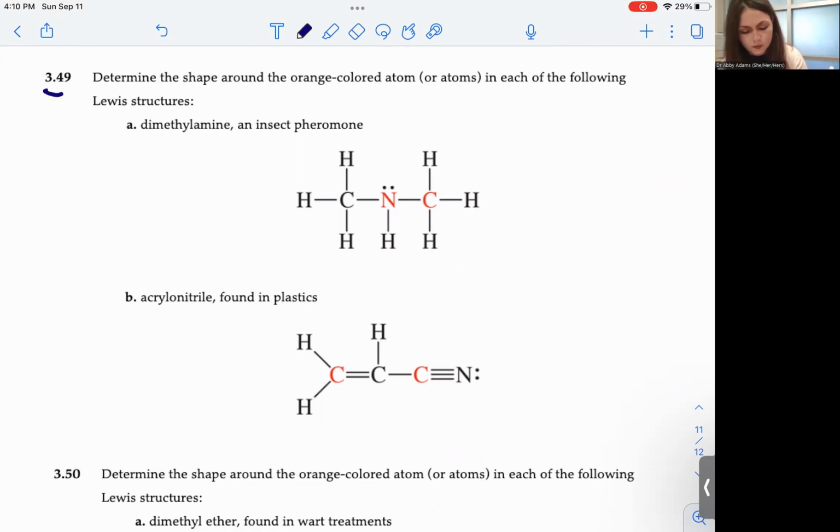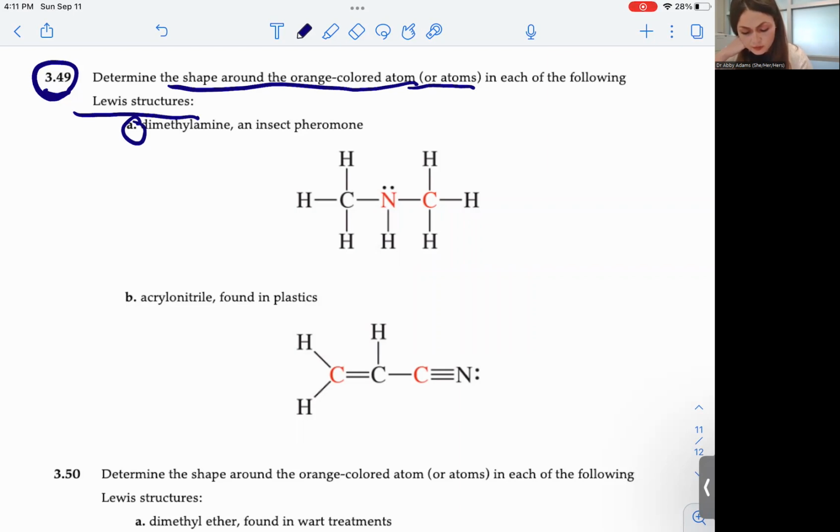Okay, so 3.49. Let's see, I'm gonna do this one. All right. So let's see what we have to do here. Determine the shape around the orange colored atom or atoms in each of the following Lewis structures. A, dimethylamine, an insect pheromone.